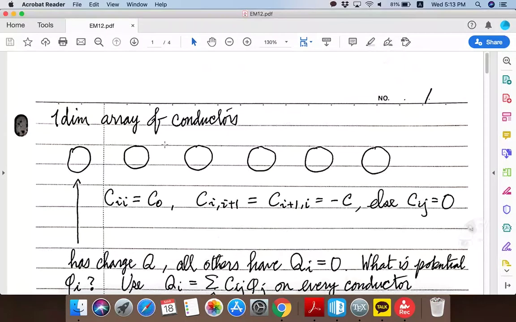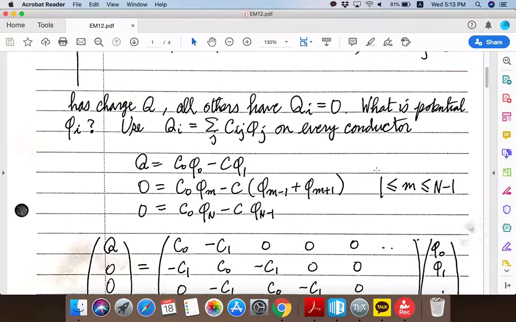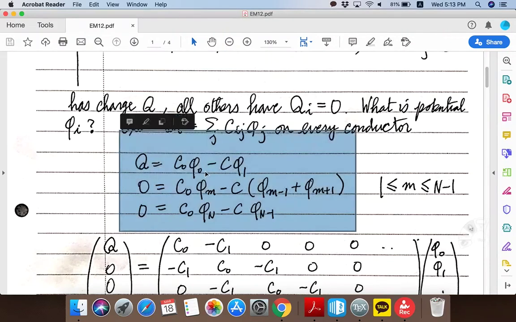So here what I'm assuming is that this conductor is labeled as 0, and this one is labeled as 1, and this one is labeled 2, and the one at the very end on the right is labeled n. So altogether we have n plus 1 conductors all arranged in a one-dimensional array. And these are the equations that we will have to solve to obtain the potential for each one of these conductors.